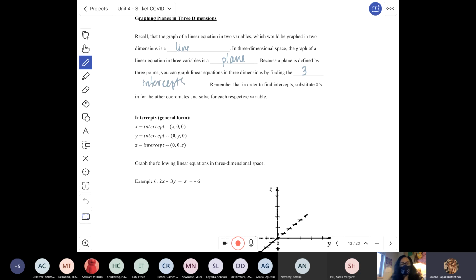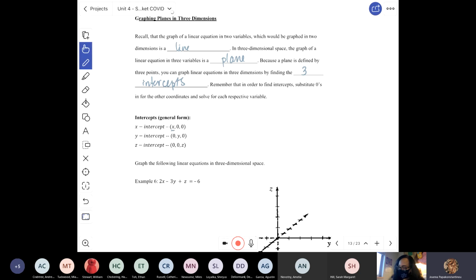It's the same concept generalized to higher dimensions. So how do we find our intercepts? To find the x-intercept, you set y and z equal to 0. To find the y-intercept, you set x and z equal to 0. And to find the z-intercept, you set x and y equal to 0.